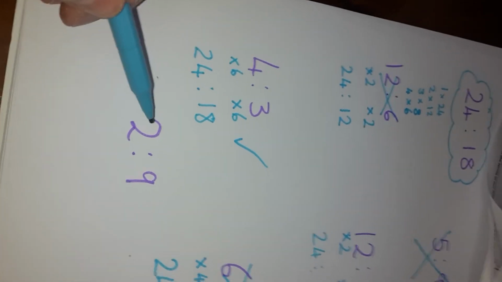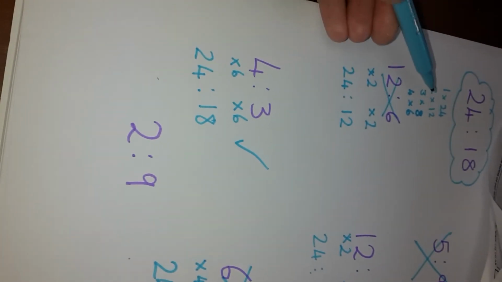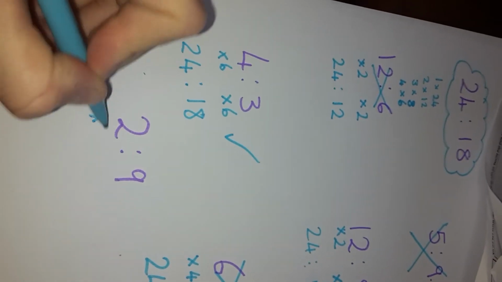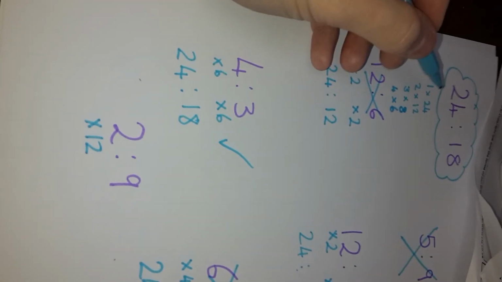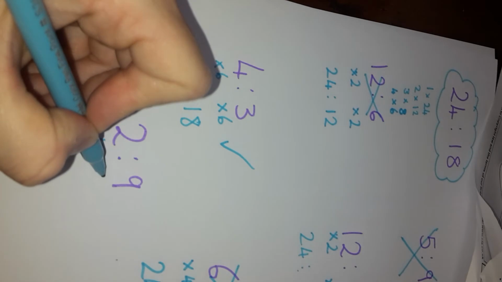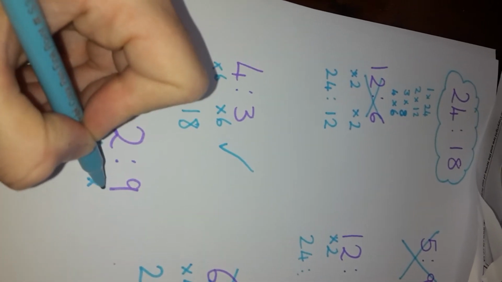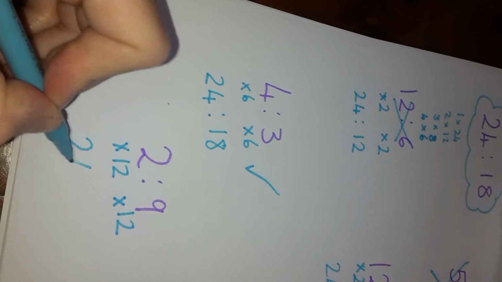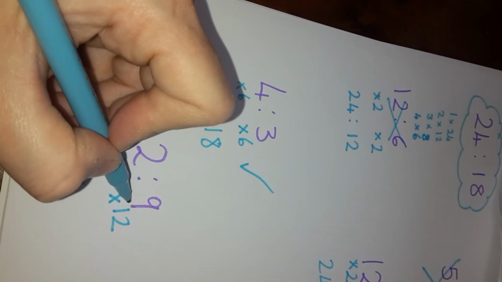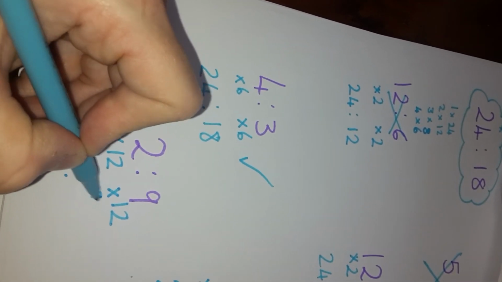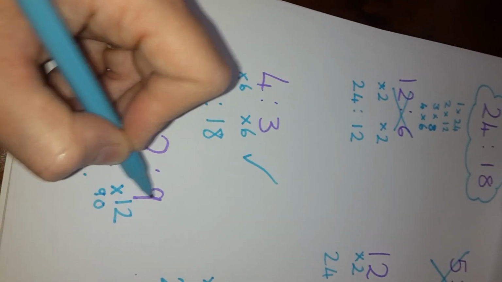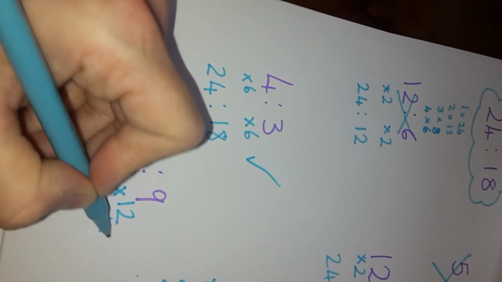Let's try this one then. 2. 2 is a factor. We'd have to have 2 times 12. 2 times 9 would be, 2 times 12, 9 times 12. So we'd end up with 24 to, let's work it out, 9 times 10 is 90, and 2 times 9 is 18.